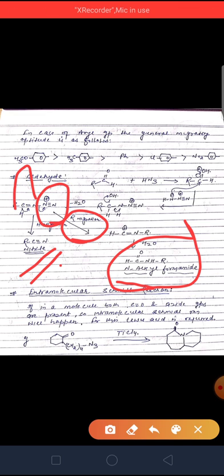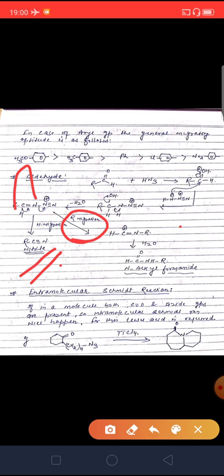So this is all about this Schmidt reaction. Now this Schmidt reaction is synthetically a very important reaction, and this reaction can also be used to prepare the lactam, right? Lactam can be prepared.